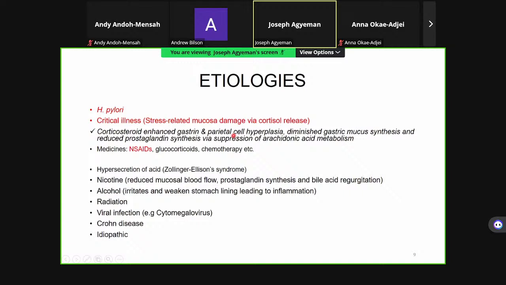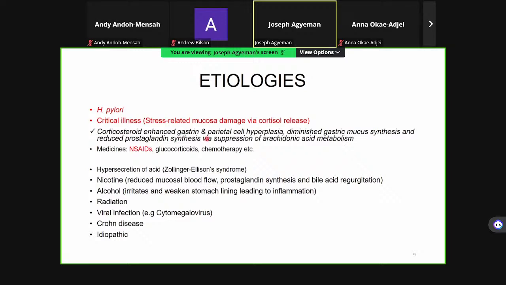Unfortunately, whilst it is causing excessive release of gastrin and HCl, there will be what? Diminishing gastric mucus synthesis. So they enhance the aggressive factors and fight against the defensive mechanism. Mucus synthesis will be diminished by glucocorticoids, probably through the antagonism of arachidonic acid metabolism that will lead to prostaglandin synthesis.